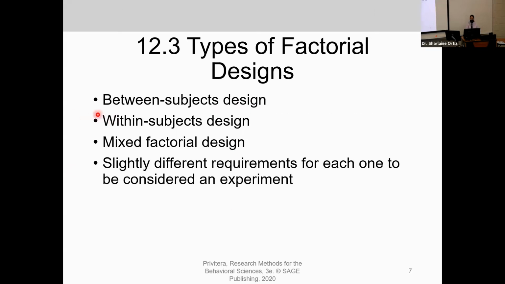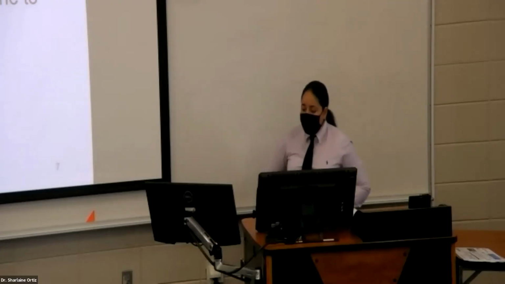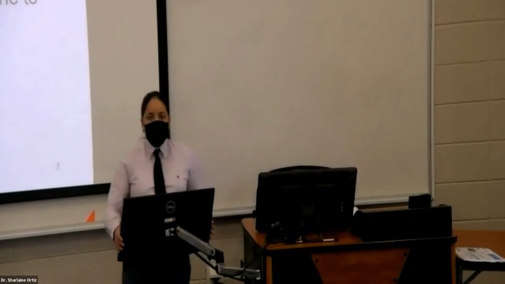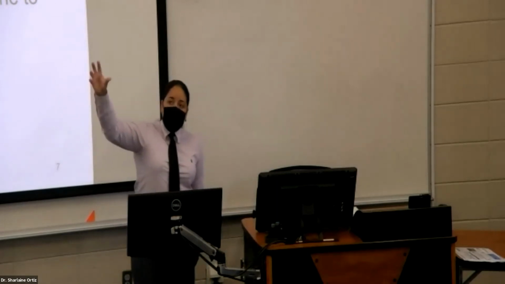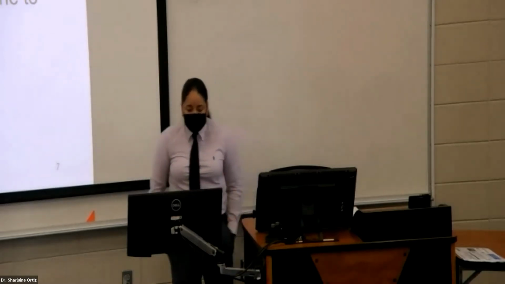Notice that within the between subjects design, all factors are between subject factors. I am going to look into the differences between one factor, the next factor, and the next factor.